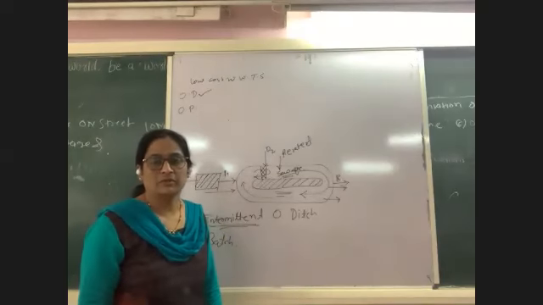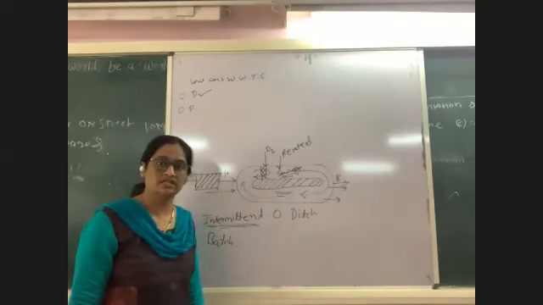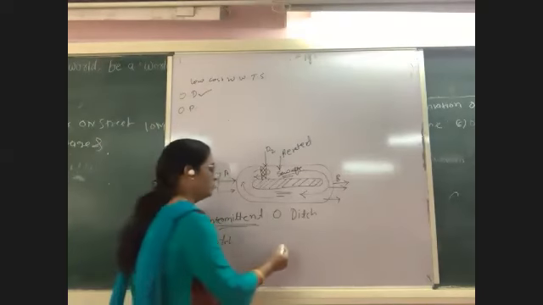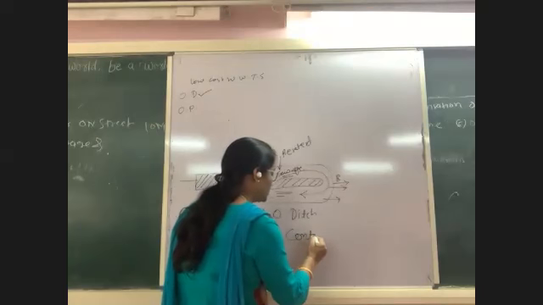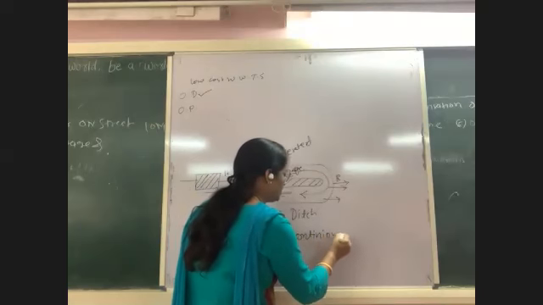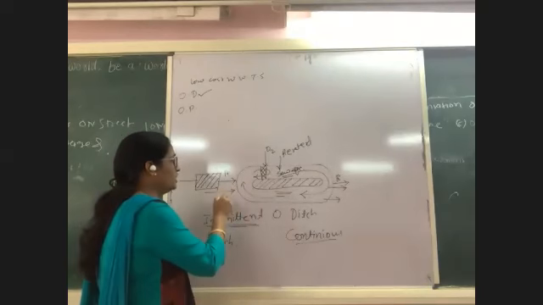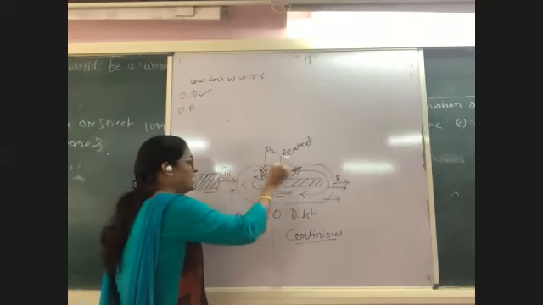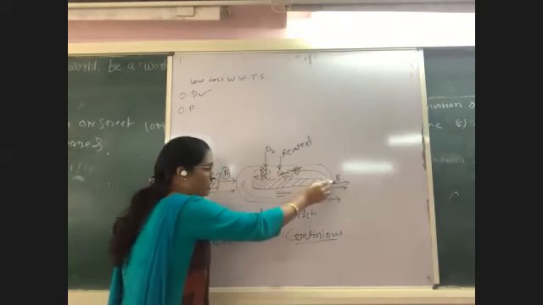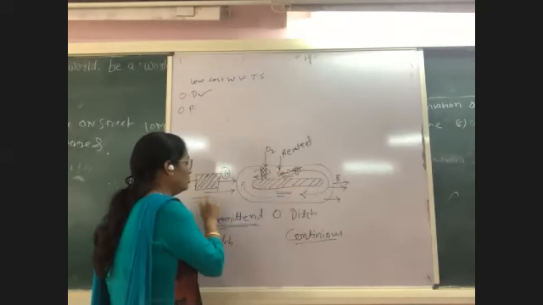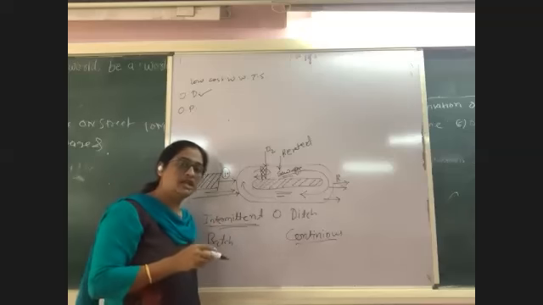Now another type of oxidation ditch we have discussed is the continuous type of oxidation ditch. What happens in a continuous type? There is no need to close valves A and B. They will remain open continuously, and the sewage will move in this direction continuously.